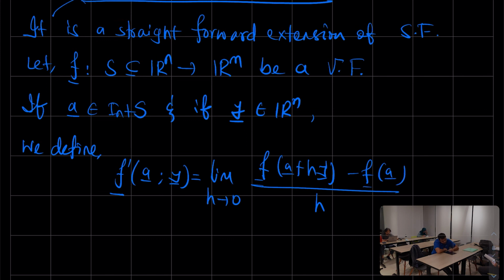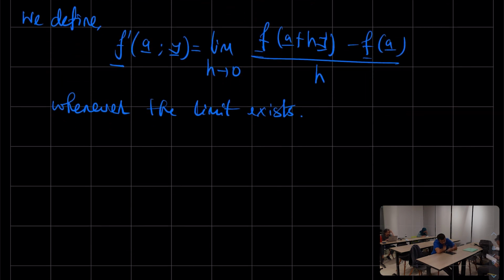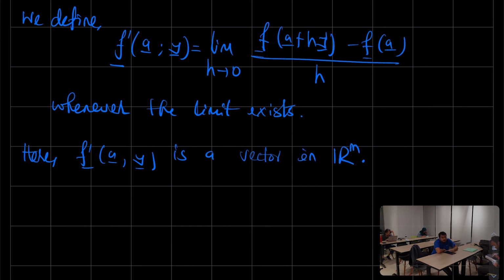Okay, that's straightforward. So, whenever the limit exists. The limit may not exist, so we have to check whether the limit exists or not. So here f prime a y is a vector in Rm.